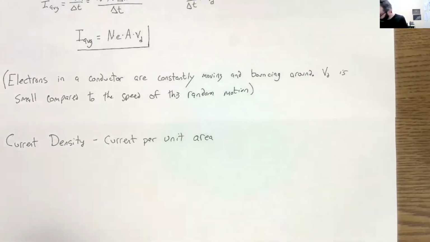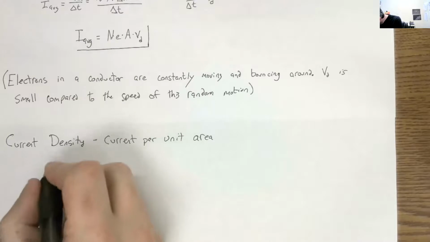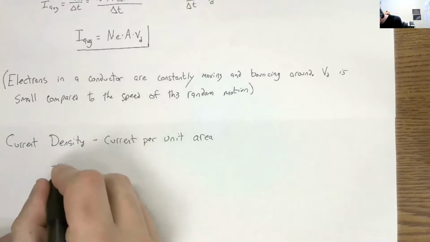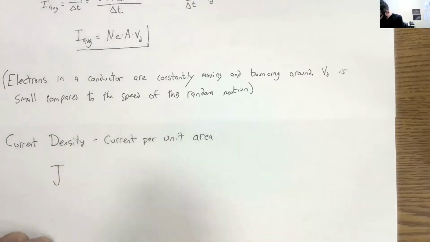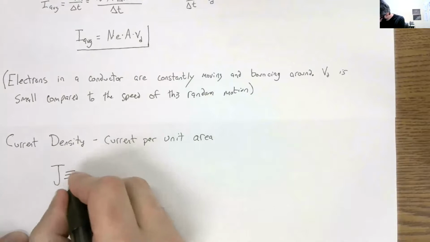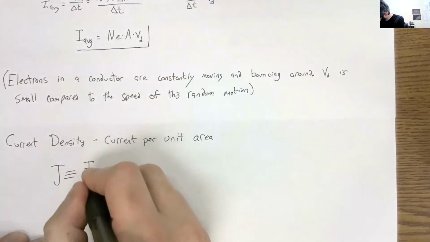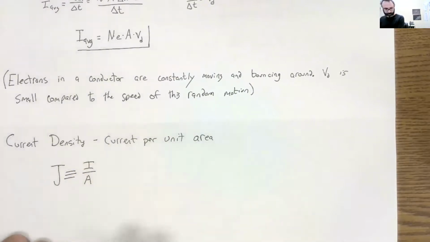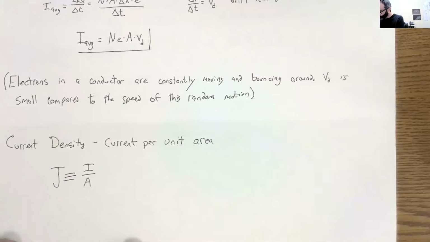But it's the current per unit area. So let's come up with the definition for current density. Another kind of odd choice for a symbol for current density here is capital J. But it's just the current divided by the area. So this is the definition for current density, and that's the important one.